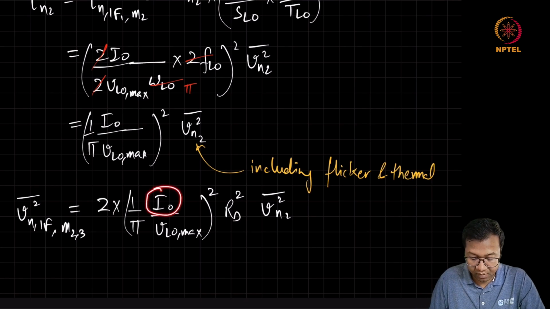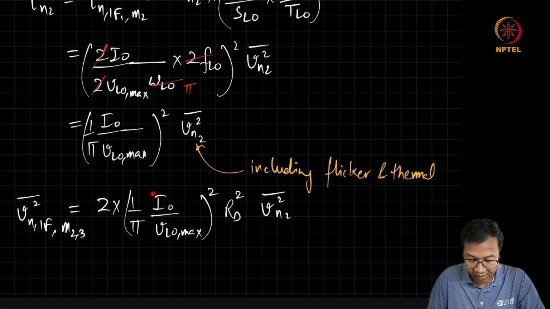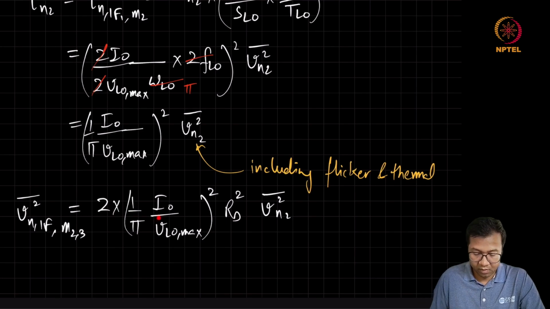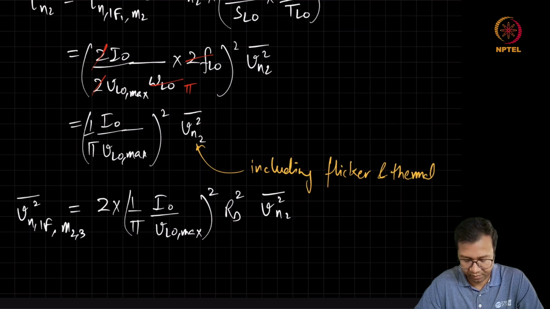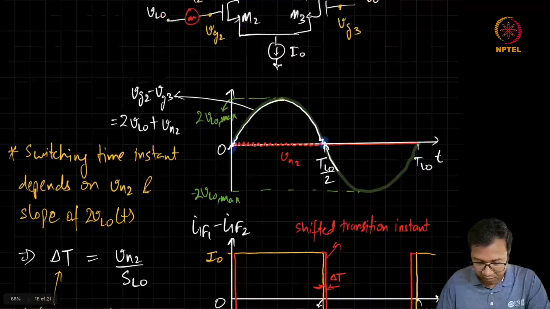And another thing is this I0 is coming in the numerator. So the higher the bias current, the more noise is going to be due to the mixer. So one way to reduce the noise at the output is by trying to control the bias current in the mixer. Okay, so noise due to RD is very simple.